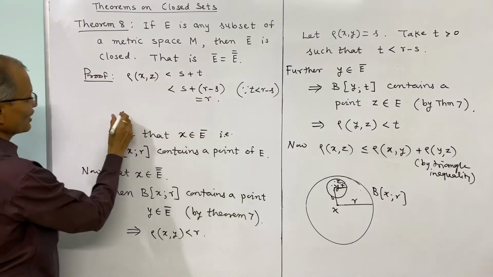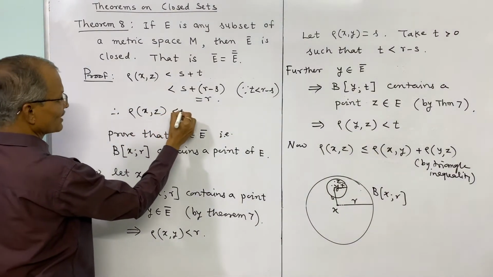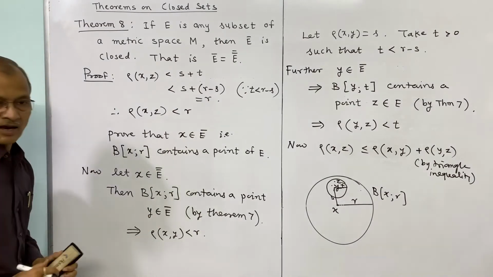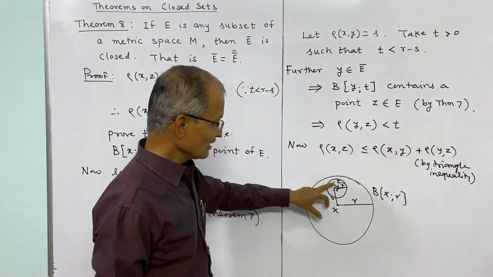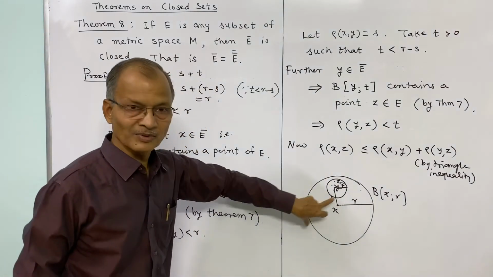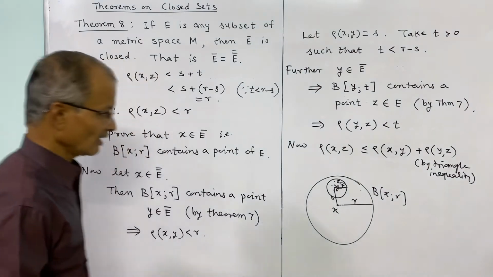Thus finally, rho of X and Z is strictly less than R. And what that shows is that the distance between X and Z is less than R, as we can see here in the picture. Therefore Z is in the open ball B(X, R).